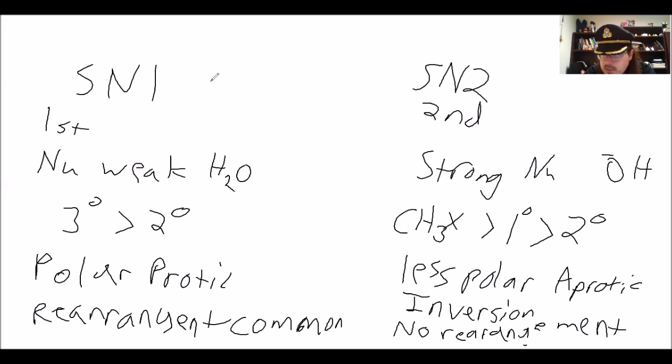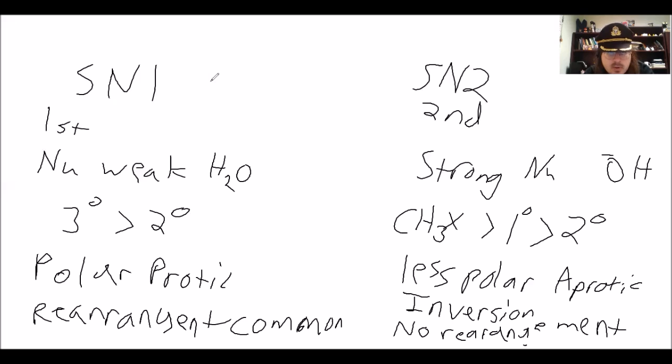Whether it's a hydride shift or a methyl shift, you're going to see something that's probably going to be a hydride shift, so that you make a more stable carbocation. And so that's another reason why you've got to be careful.